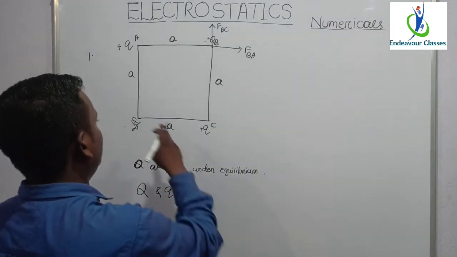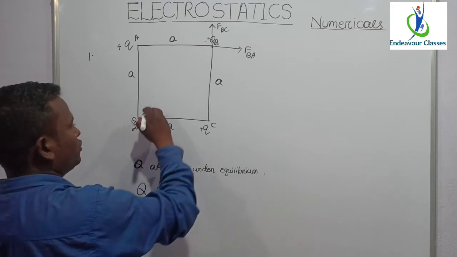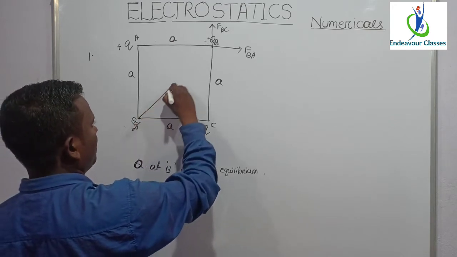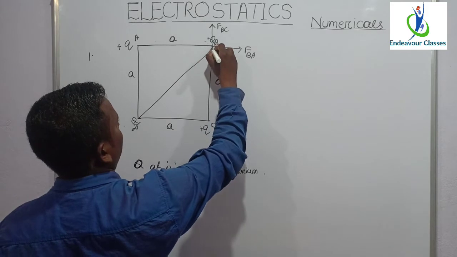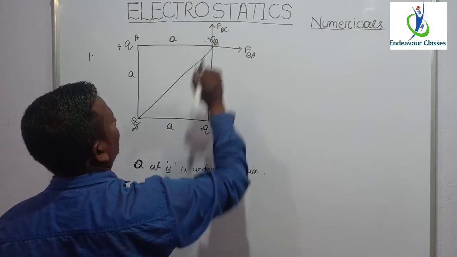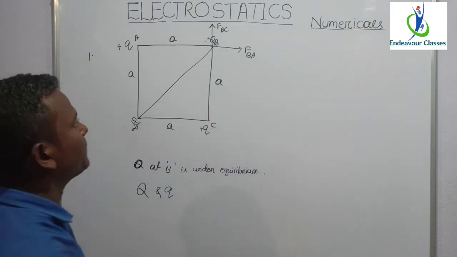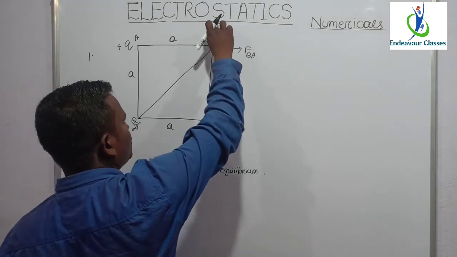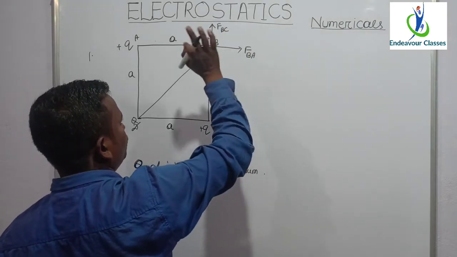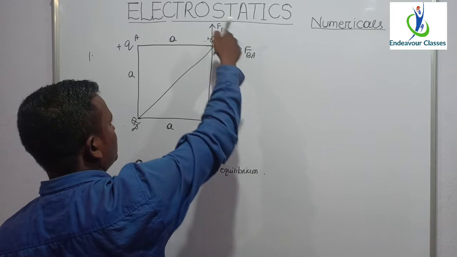Now the third charged particle will also exert a force on the charged particle located at B. But you see, the resultant of these two forces will be along the same line.